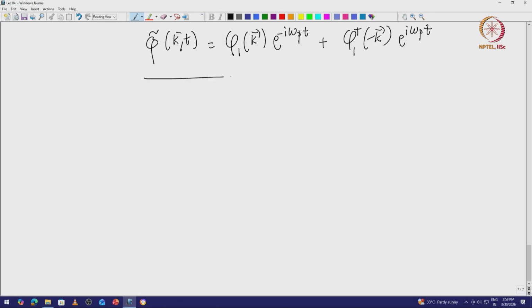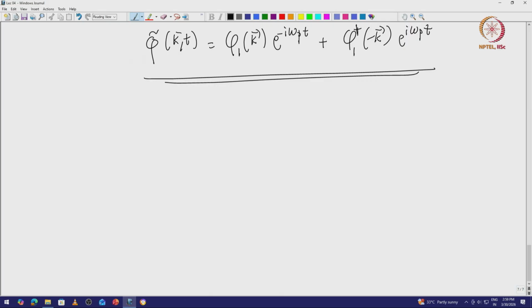Okay. So, it is the same phi 1 and phi 1 dagger which appears as coefficients of both the forward going and backward going wave, essentially, so for both negative and positive energy solutions.